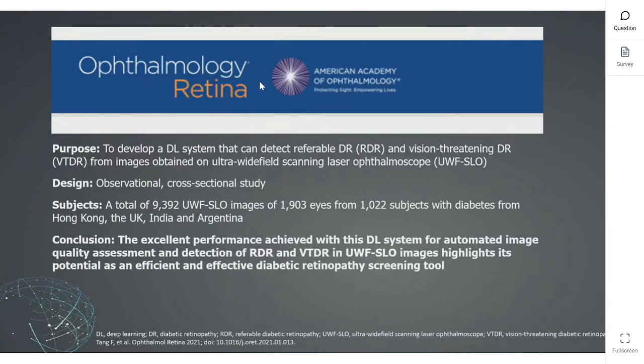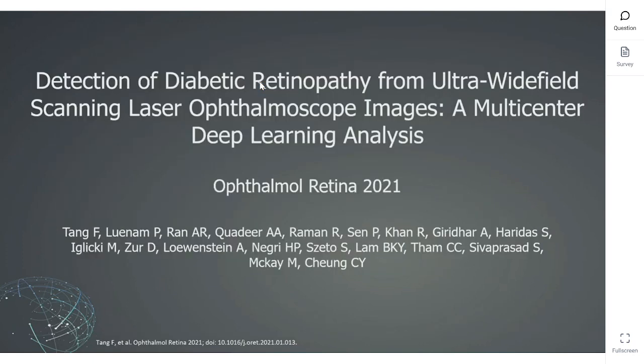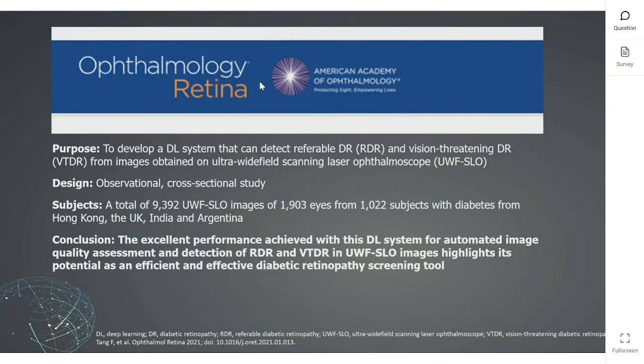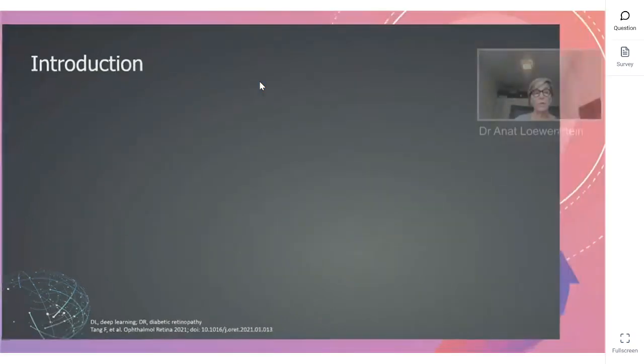But in any event, we were able to show that it is possible to detect the images and to use AI for deep learning analysis and to see what needs to be done with the patients.